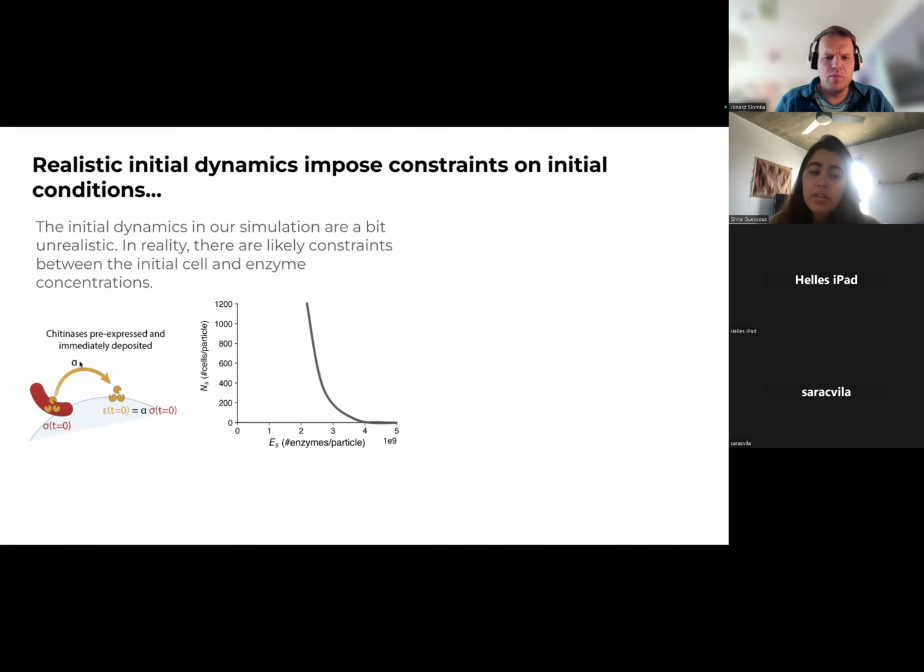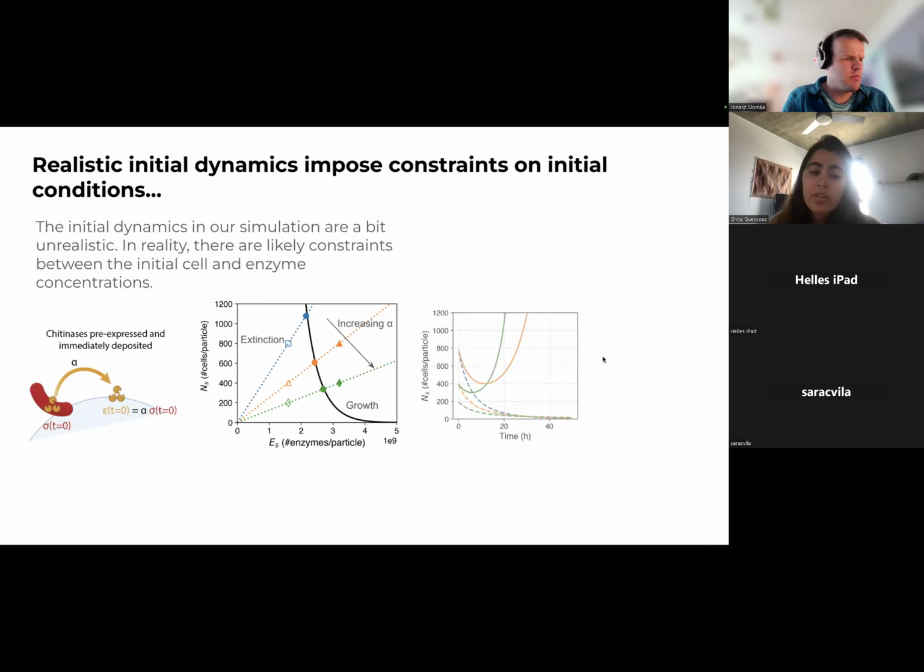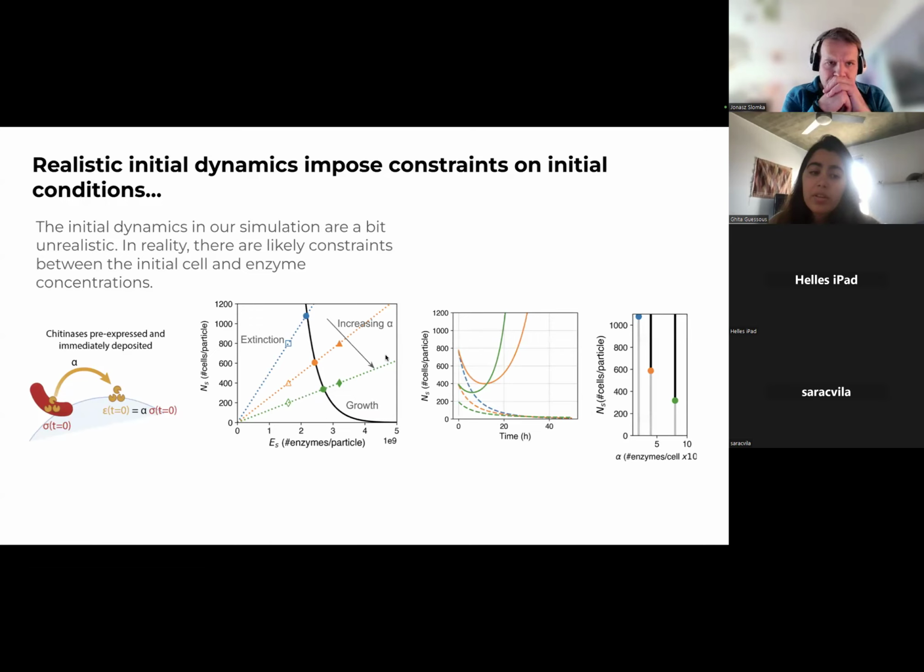And depending on the number of these cells, we can look at the time trajectories, but importantly, what it does is reduce this two-dimensional phase transition into a 1D phase transition that only depends on the number of cells. So we can project this entire phase diagram onto these lines, and then above a certain critical cell number we would get growth, and below it, extinction.